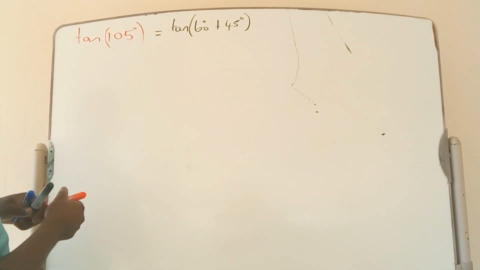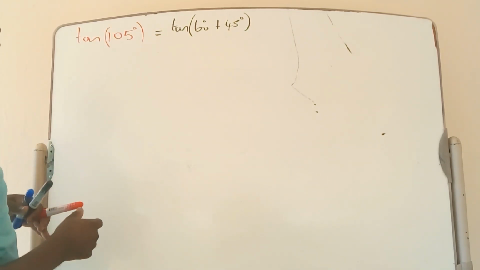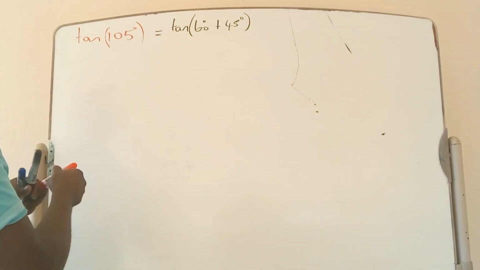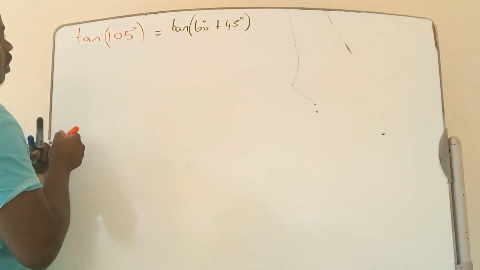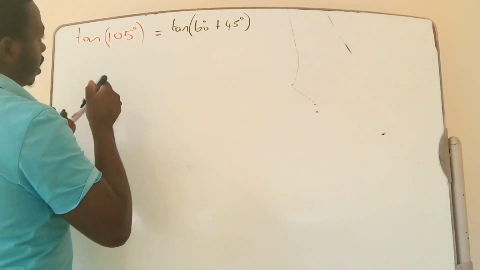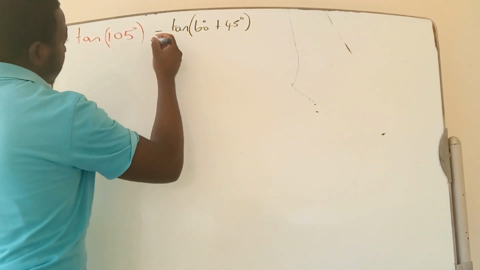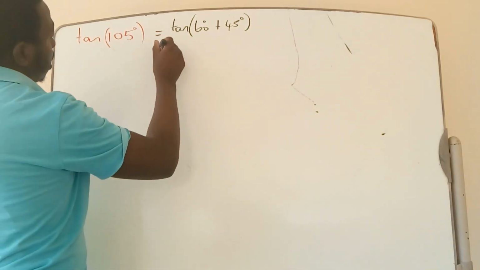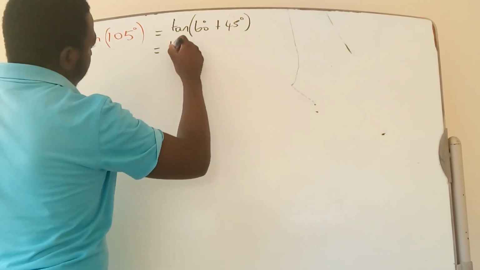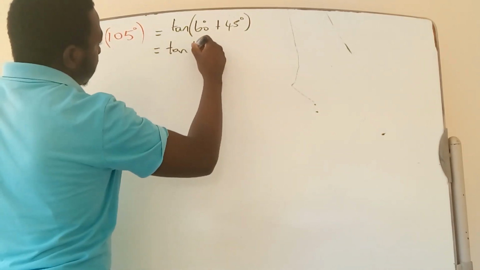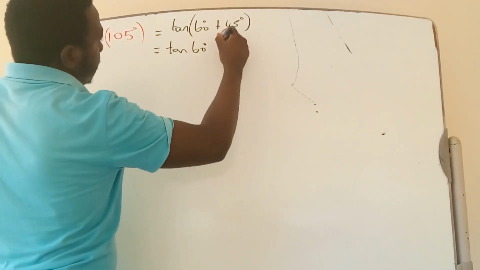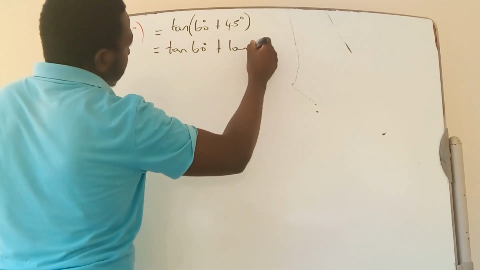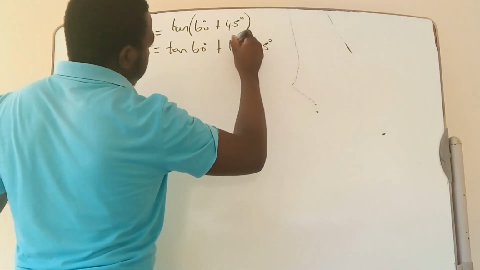Then we can use the sum formula, right, for tangent to expand this to give us the tangent of 60 degrees plus the tangent of 45 degrees.